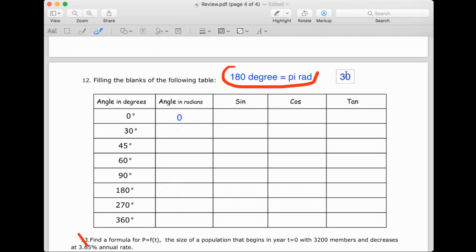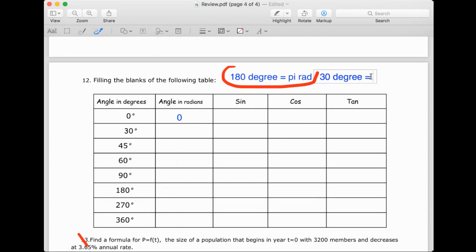How do I find its radian value? We can think of 30 divided by 180. 30 times 6 is 180, right?